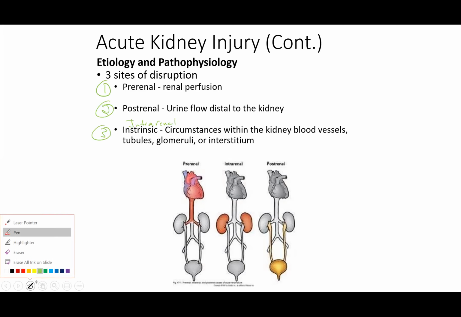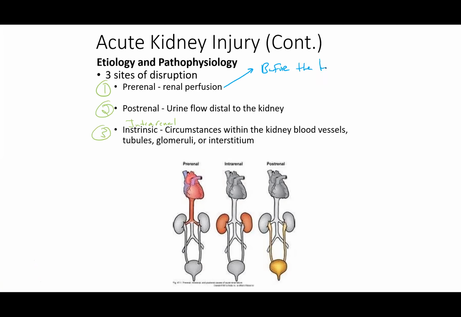The pre-renal type is basically things that happen before the kidney. So you can see here, it is happening before the kidney. Heart failure and shock would be examples.